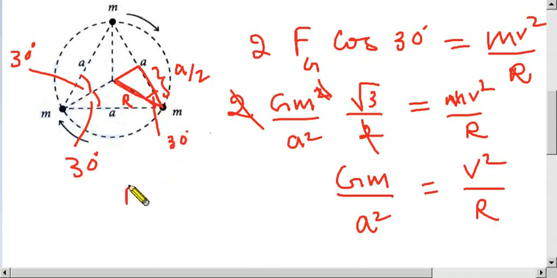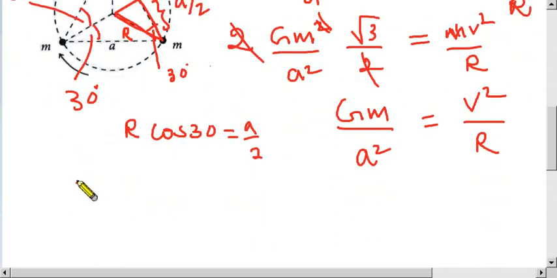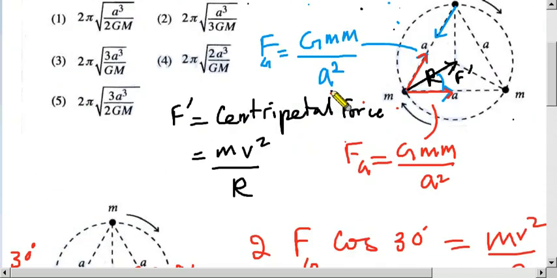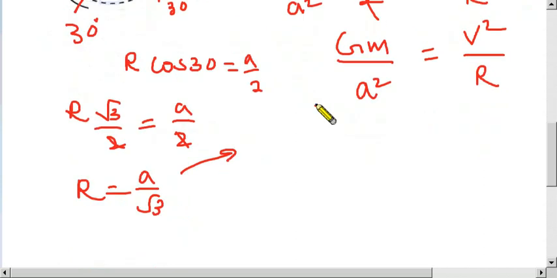So we can write R cos 30 equals A by 2. So R root 3 divided by 2 equals A by 2, the 2 cancel. So R equals A by root 3. So we have to substitute it into this equation because in the answers there is no capital R.